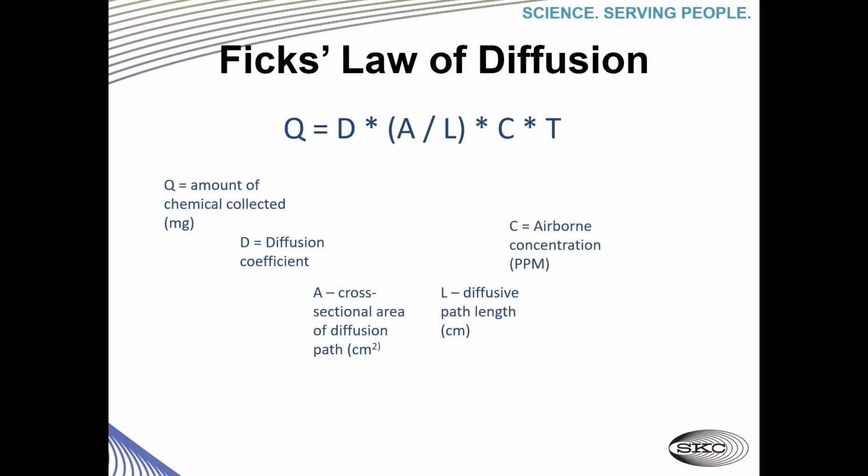C is the airborne concentration, and T is going to be the sampling time. The cross-sectional area, A, is based on the geometry of the sampler, where L is the distance from the diffusive barrier to the sorbent bed.